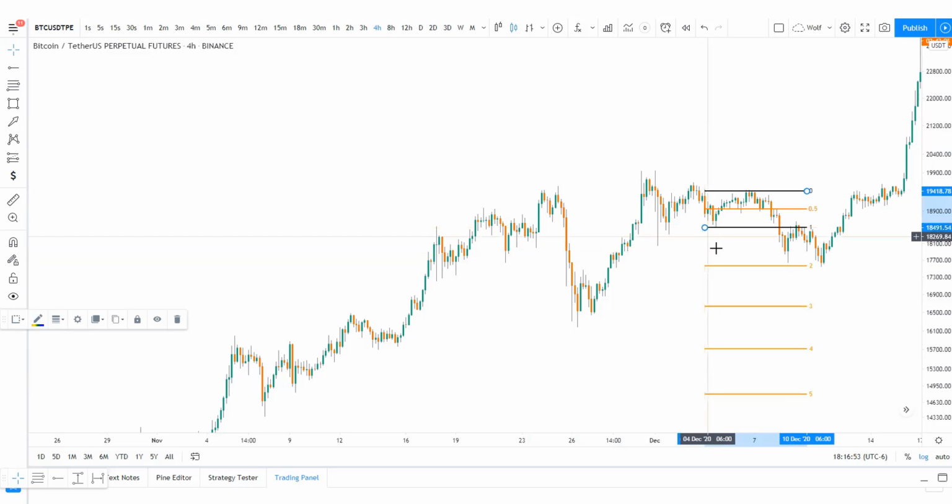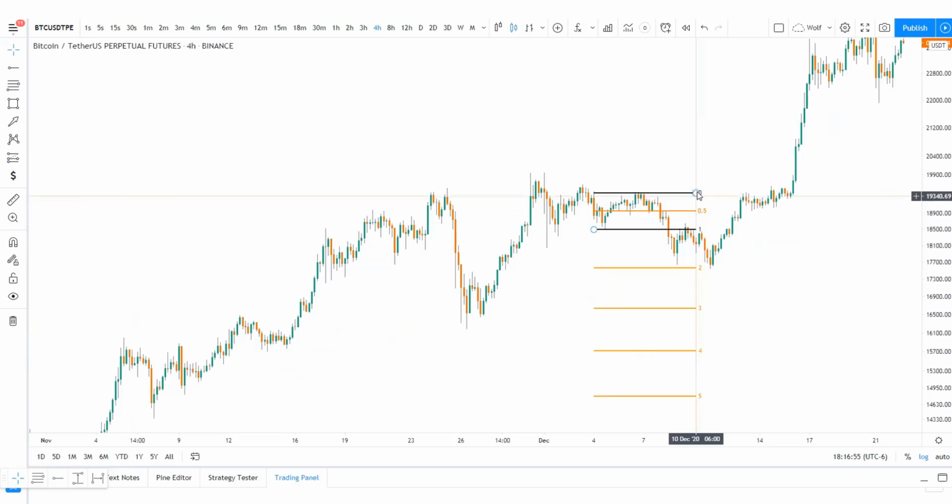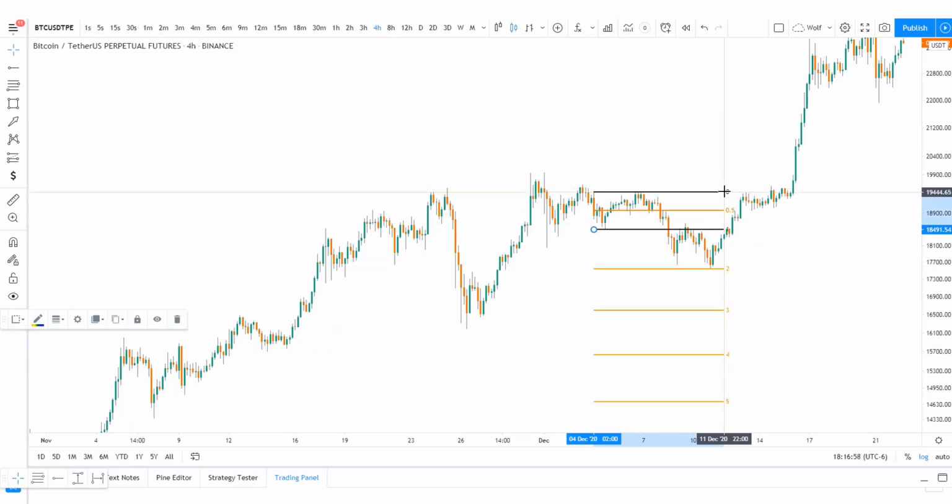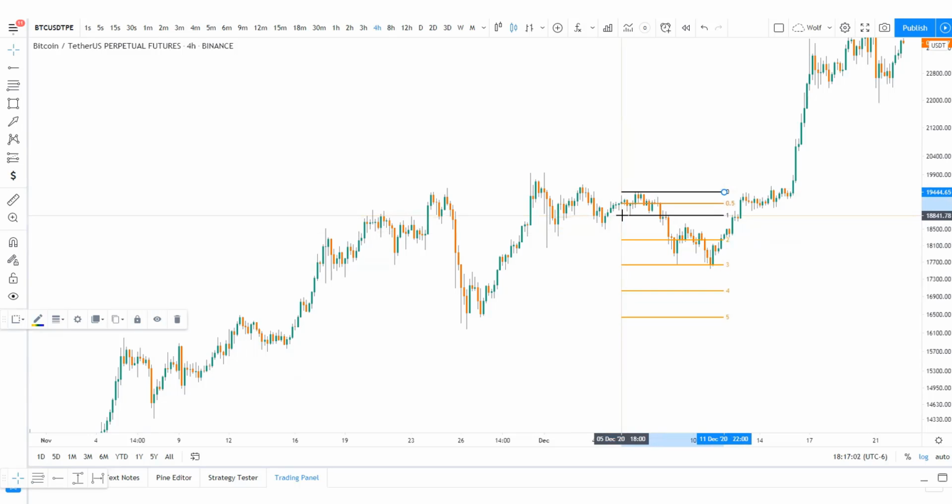You want to be careful not to get involved with the noise too much. There's a little bit of noise up here at the top, and you could conceivably consider this your swing that created the move lower.